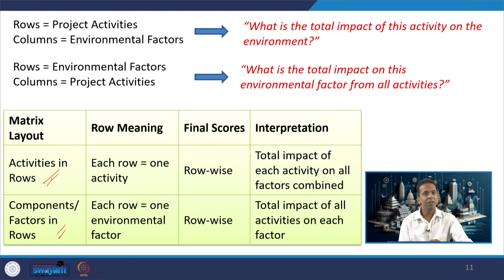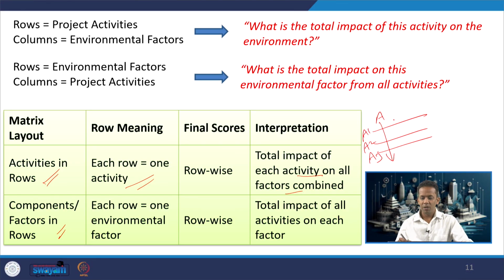If activities are in the rows, each row is equal to one activity, so each row will represent one activity A1, A2, A3, and sums are done row wise for the Leopold matrix. So, the interpretation would be the total impact of each activity on all the factors combined.